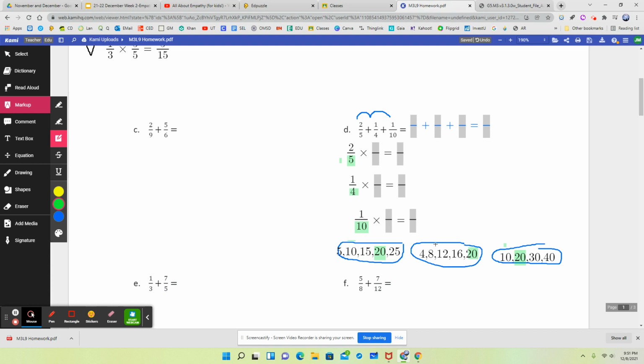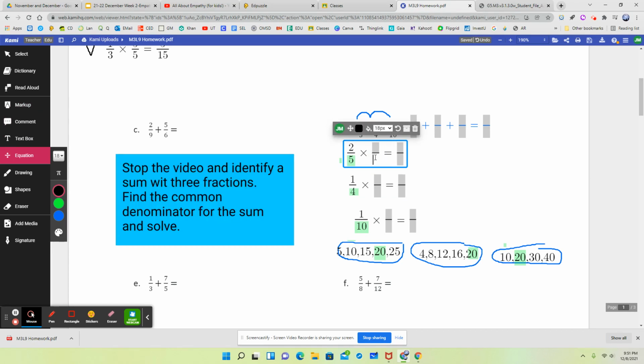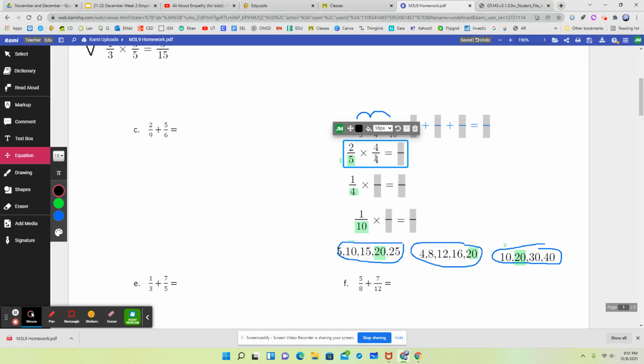That is an indicator that we need to multiply each number by a number that will make it equal 20. For example, if I look at 5, well, 5 times 4, so I'm going to multiply that number times 4. Why? Because that's going to give me a denominator that is 20.